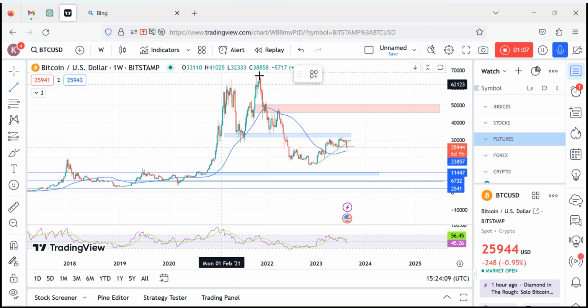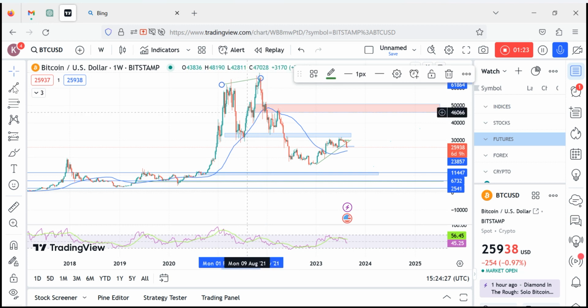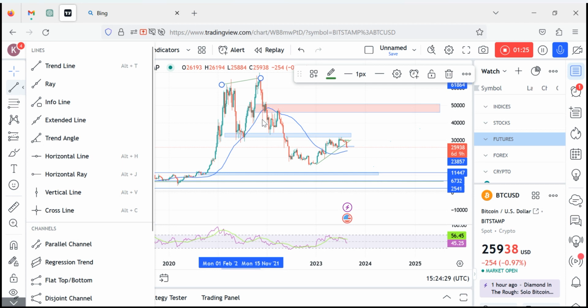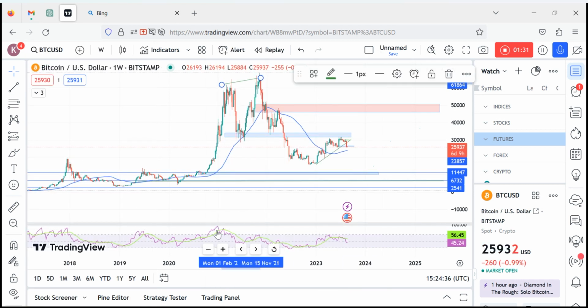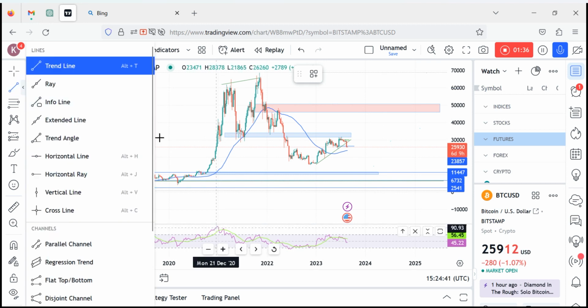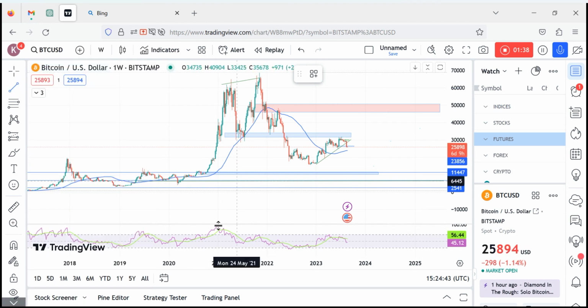So the market printed a higher high on the chart, but a lower low on the RSI.